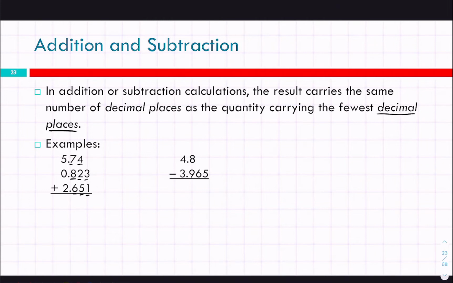So 5.74 plus 0.823 plus 2.651, and that's 9.214 would be, again, the whole number, but we would round it to 9.21.